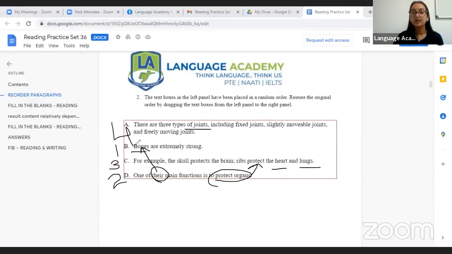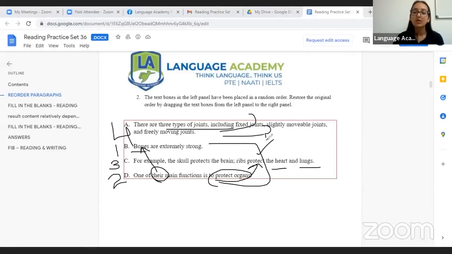So what did I start with? Whenever there are two different topics going on in the question, we start with the topic whose sentences are in the majority. There are three sentences about bones, only one about joints. So we should start with bones, not joints. Because if we put joints at number one, then what will we put after that?